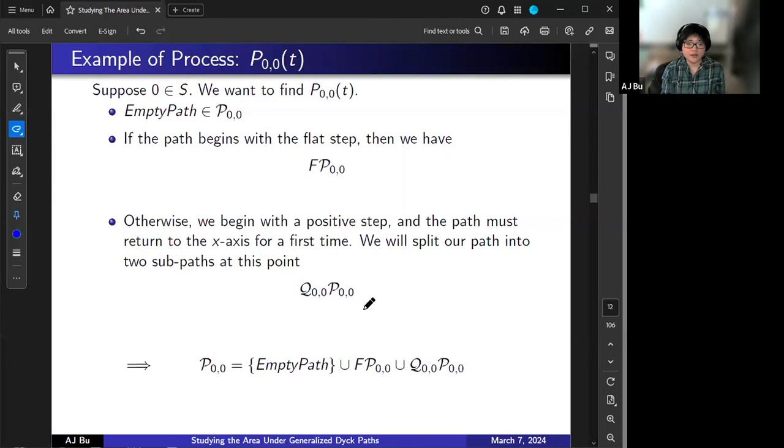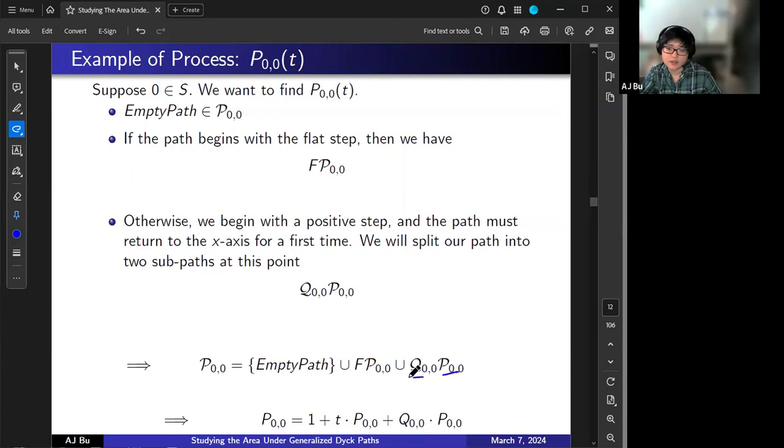Okay, so that's going to give us that P sub 0,0 is equal to the union of these three sets: the empty path, union F P00, union Q00 P00. And that's going to give us the equation P00 equals 1, because that's the weight of the empty path since it has length 0, plus t from the flat step times P00, plus Q00 times P00.